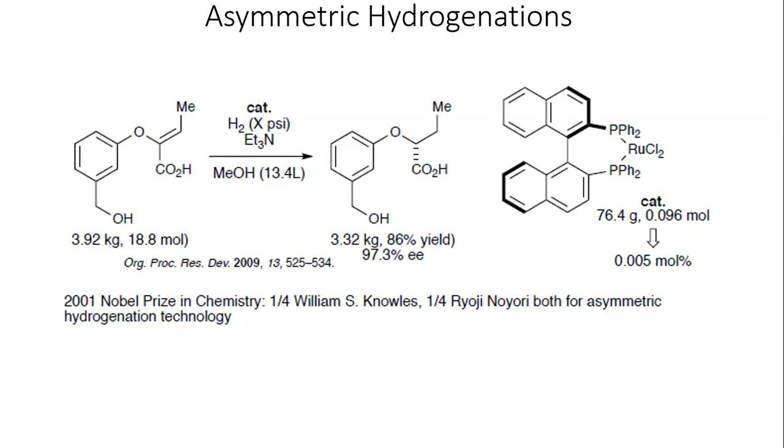You always have a target in mind when you're developing a method or new technology. So to be able to scale these reactions up and use this low of a catalyst loading is a monumental feat, and maintain enantioselectivity and maintain high turnover and high yield.